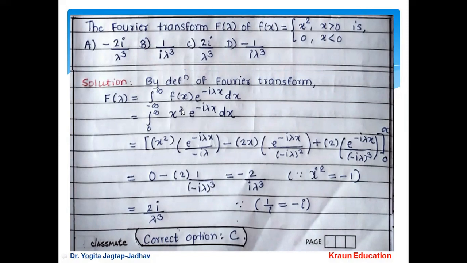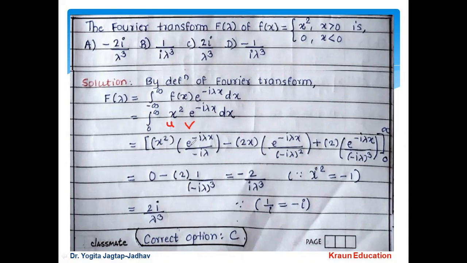Now integrating by using the by parts rule, we can see here the first term, u is equal to x square, whose derivative eventually vanishes, and v is the function whose derivative is not vanishing. Therefore, here we keep the first term x square as it is.